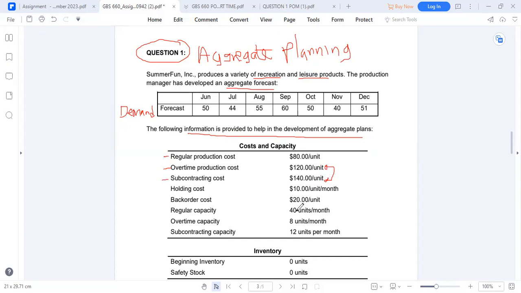Then the holding cost, which is also called carrying cost. Carrying cost and holding cost are the same, which is $10 per unit per month.